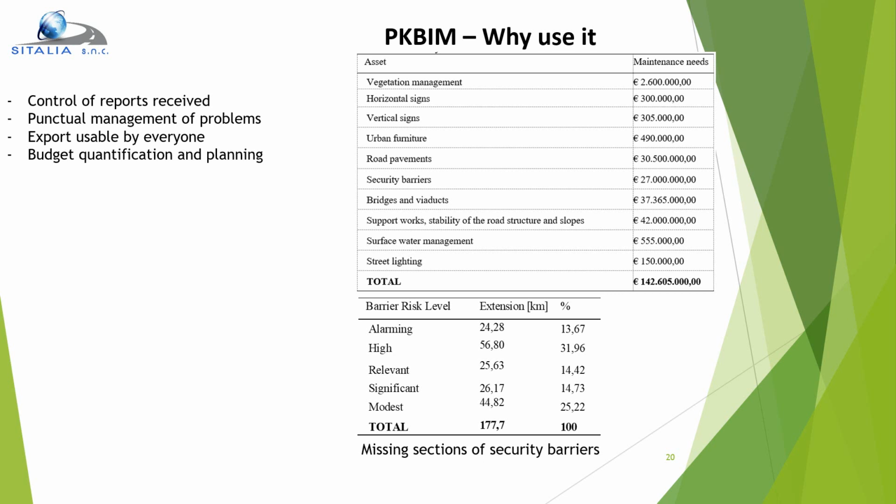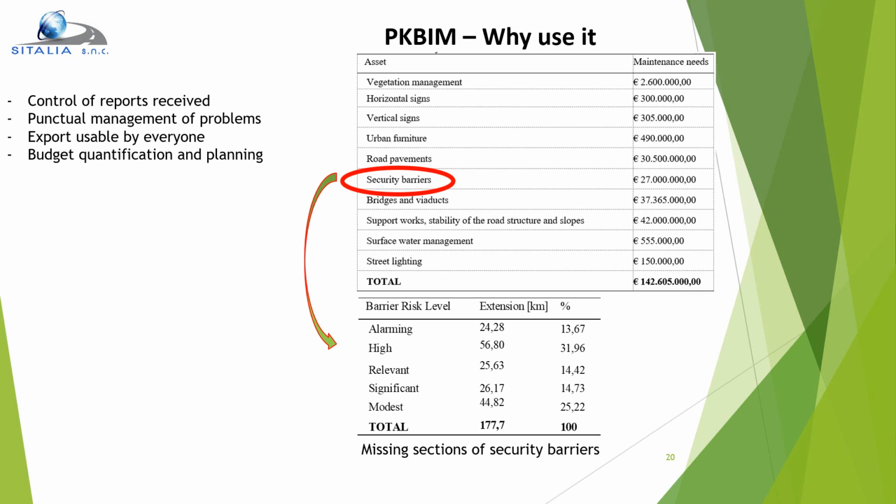Here I'm showing you the results. We showed also the province of Pisa in the last international conference. The first table shows you the maintenance needs, subdivided per asset. So for example, for security barriers, the province of Pisa estimated 27 million euros of maintenance needs.